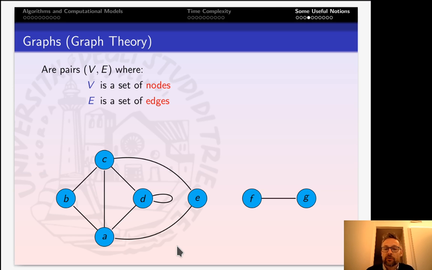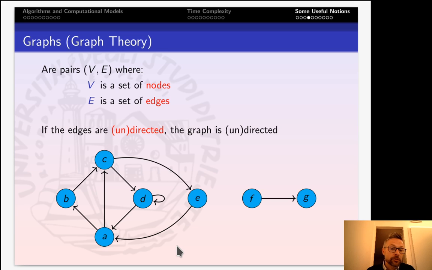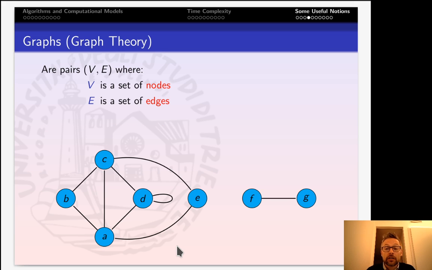Well, let's move on. Okay, so there are two kinds of graph. The first one is the undirected graph. So in the slide you can see there's no direction in the edges. So E and A basically belong together exactly in the same way.